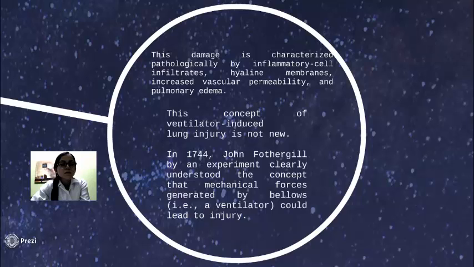In 1744, John Fothergill, by an experiment, clearly understood the concept that mechanical forces generated by bellows could lead to injury.